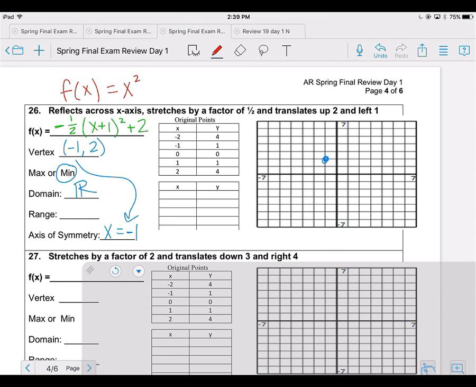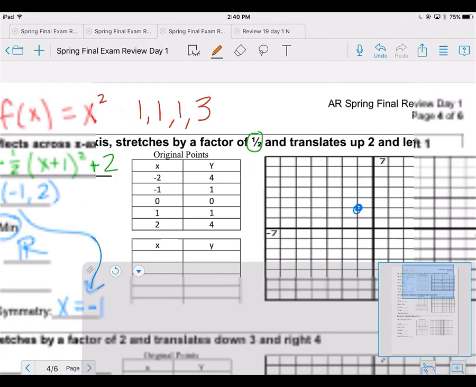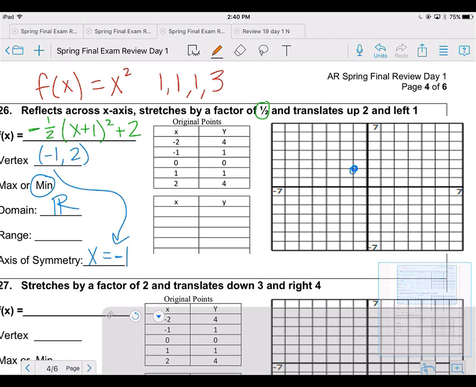My normal pattern is right 1, up 1, right 1, up 3. With a stretch by a factor of 1/2, I'm going to multiply every other number by 1/2. So 1, 1/2, 1, 1.5. And remember, these are reflected, so I need negatives in front of them.